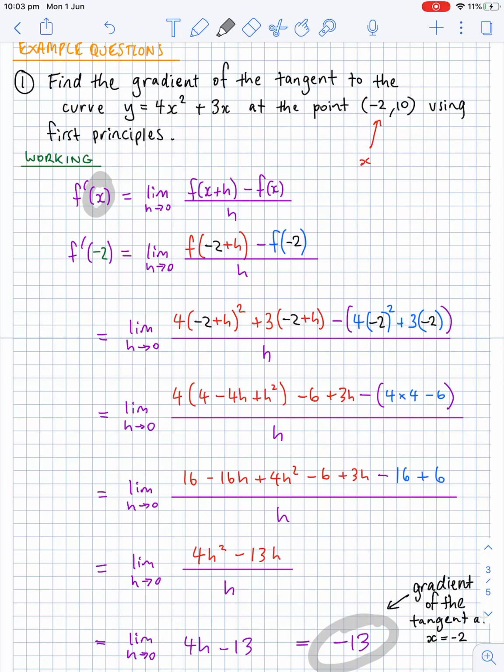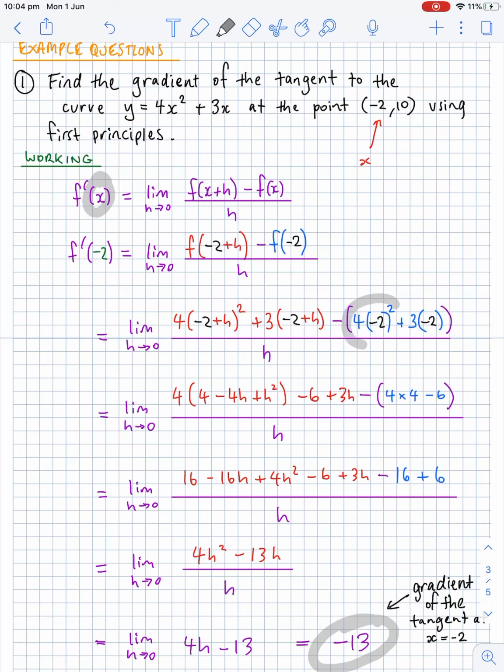We need to put this into our function, and our function is right here. So that equals something like this. Our x in our 4x squared changes to -2 plus h. Same thing here, 3 lots of that x, so our x changes to -2 plus h. Similarly, we're taking away this function here, so we're changing our x to a -2.